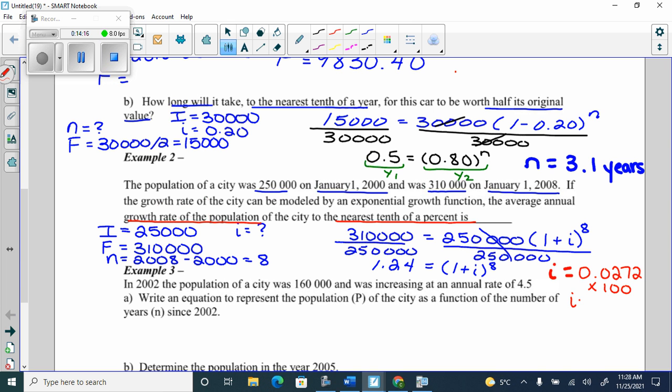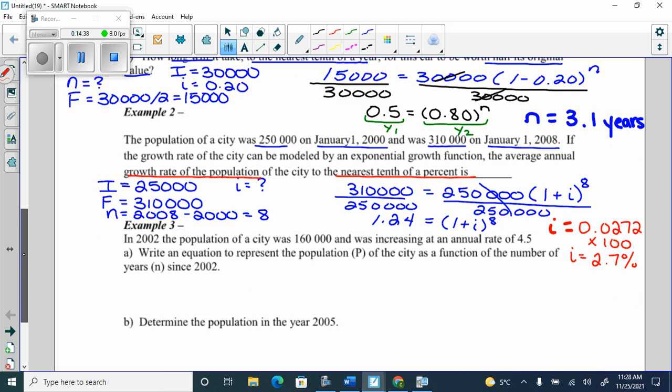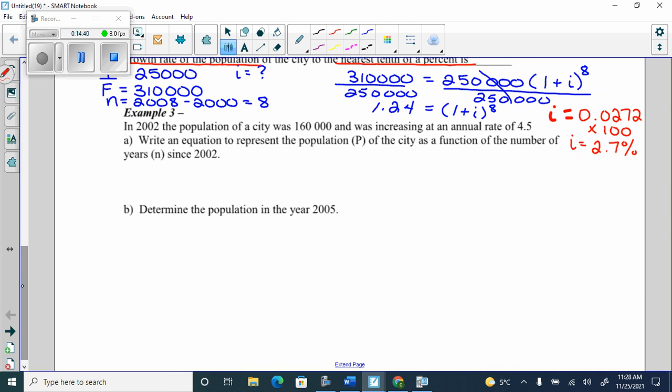And my interest rate is 2.7%. And once again, if this is a word problem or on a test or on a diploma, you're going to write, the average annual growth rate of the population of the city is 2.7% from January 1st, 2000 to January 1st, 2008. Okay? You guys try example 3.